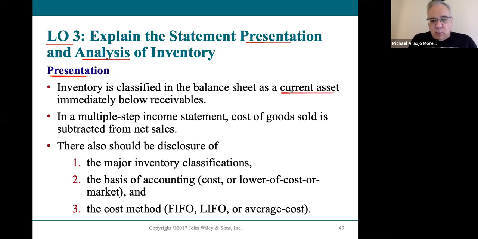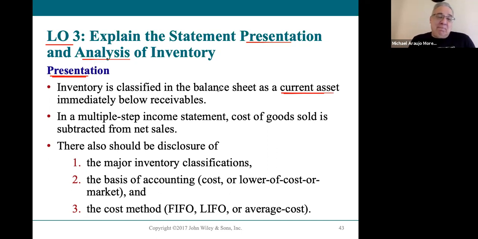Like we know at this point, inventory starts as a current asset, so it's going to be on the balance sheet. One of the rules of GAAP is that we have to list the assets at what they cost us. Okay, we call that historical cost principle. However, there are a couple of exceptions to that rule.